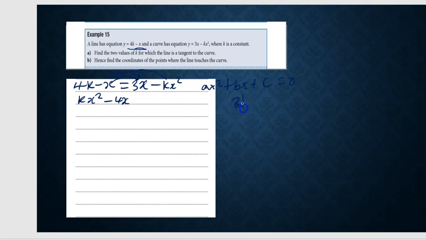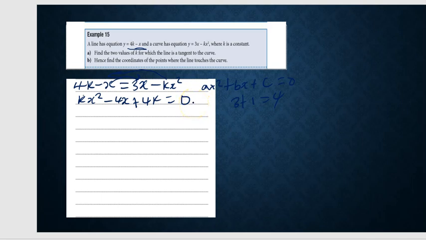So 3 plus 1 gives us 4. So we have negative 4x plus 4, and this is 4k. So this is equal to 0, right? So we can rearrange this to be equal to 0 as we have done.